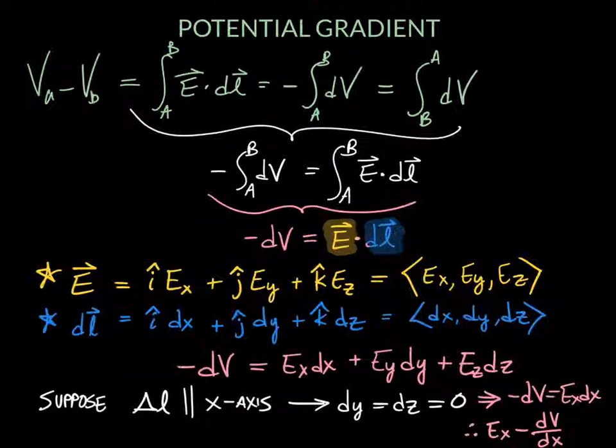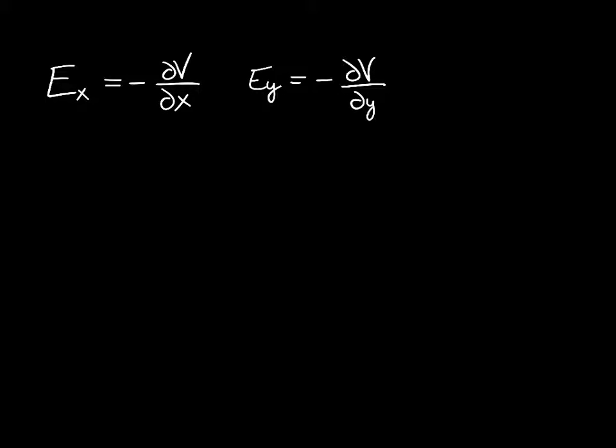All right, so what this leads to, the next part continuing, this means that the magnitude of my EX field, the X part of my field, is actually equal to minus the partial of the potential field relative to X. Means EY has the same form, minus the partial of the potential field with respect to y, and EZ likewise.